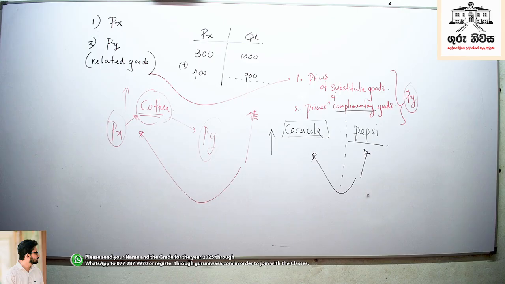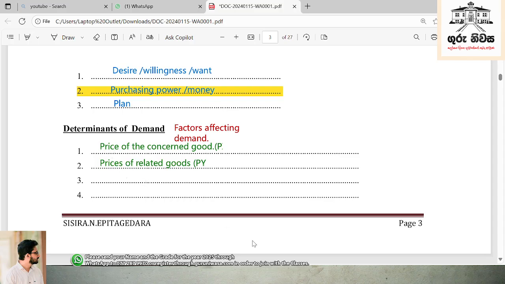Third one is buyer's income, write down lamai. Buyer's income, or we can say consumer income.